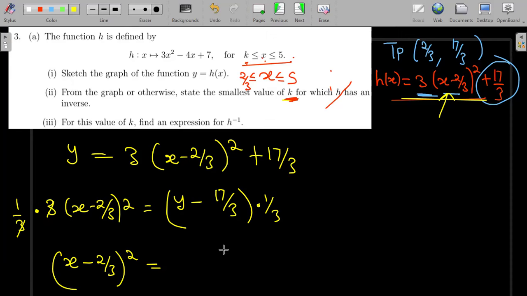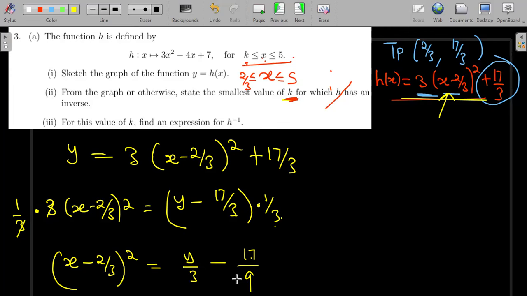If I multiply the 1 over 3 with the y, I get y over 3, minus 17 over 3, no, not over 3 here, because this is 1 multiplied by 17, which is 17, and then this 3 multiplied by the 3 will be 9. So that is what I have.